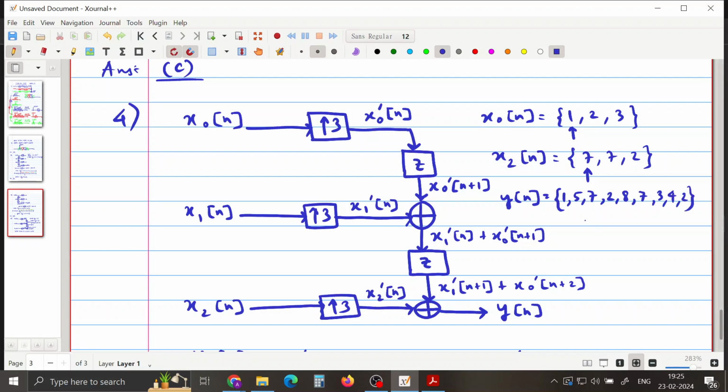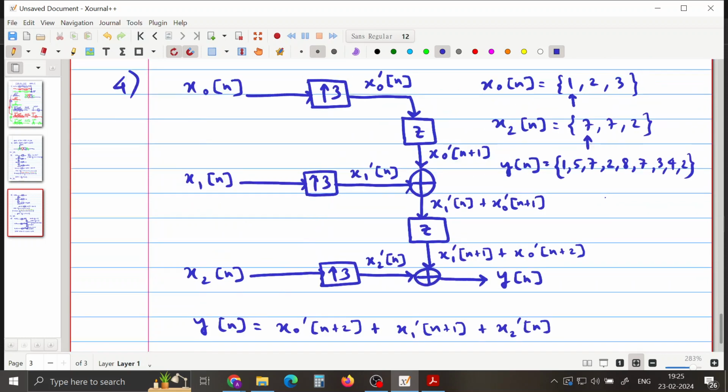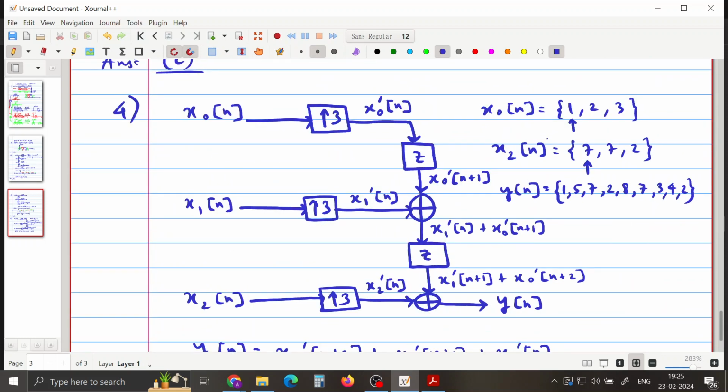Okay, these are given. It looks a bit clumsy here, but this is the given information.